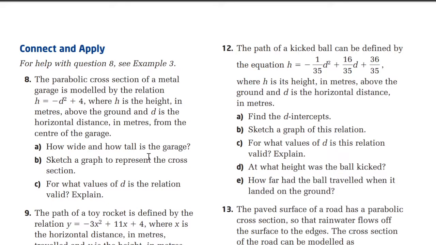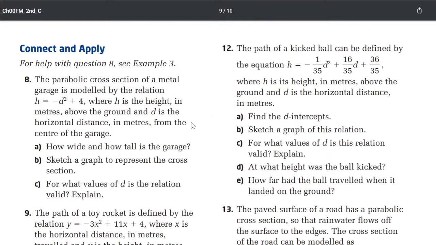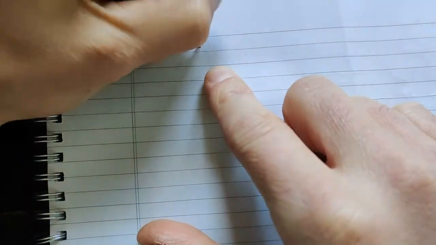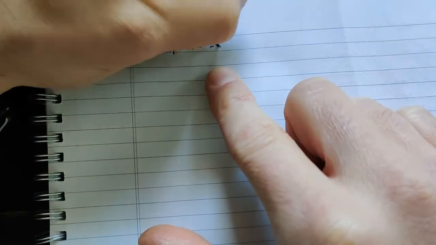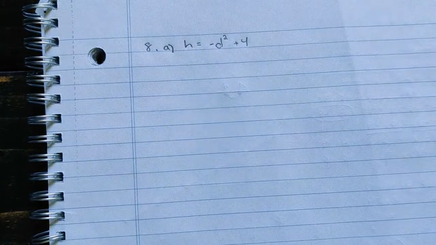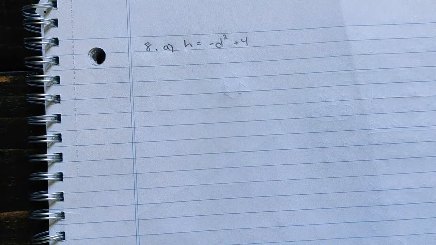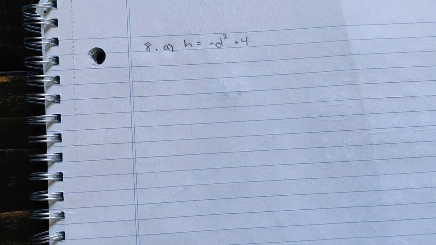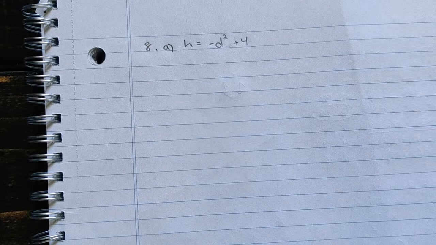So let's take a look at the first part, 8a. So in 8a, we had that parabolic model of h equals negative d squared plus 4. So we want to know how wide and tall the garage is, knowing that the d's are going to be the distance from the center of the garage.